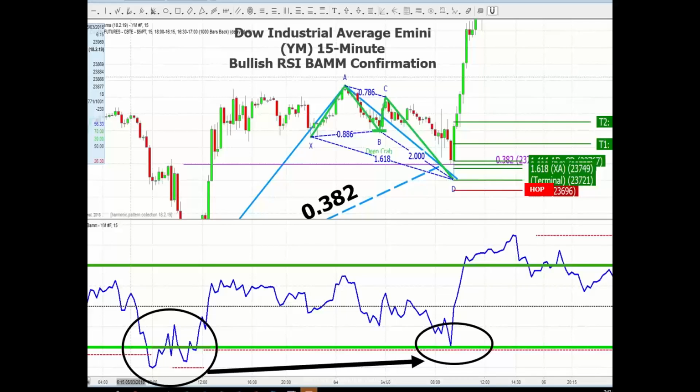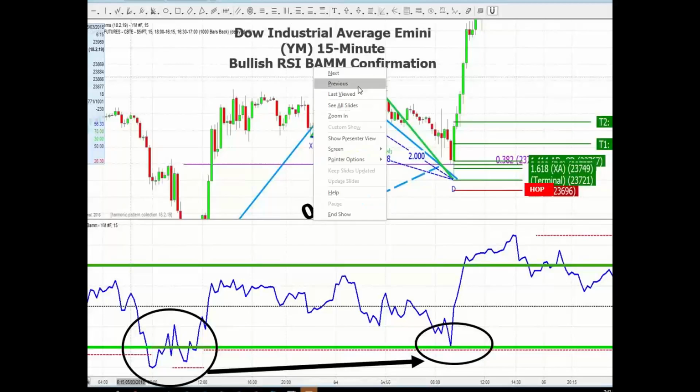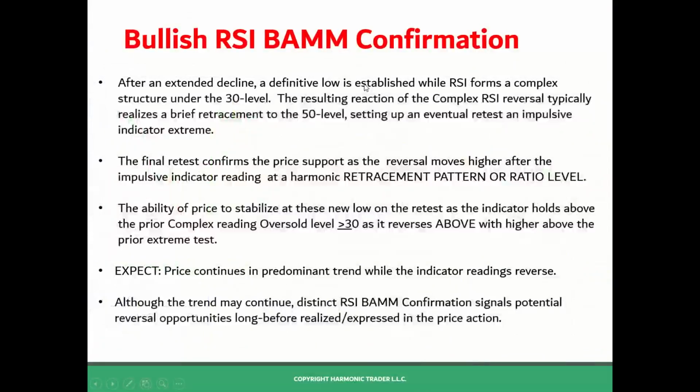Here you've got a deep crab, okay, but let me go back to this second here. In the confirmation, again, really think continuation with these types of situations.